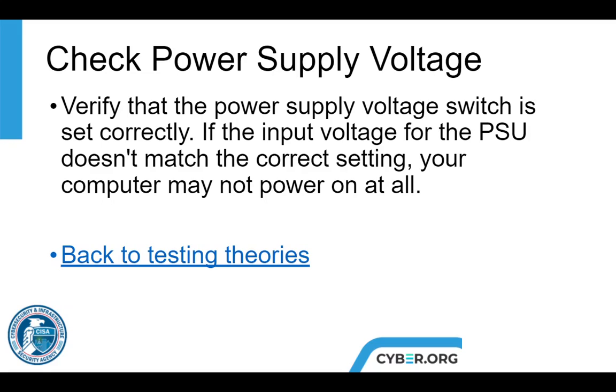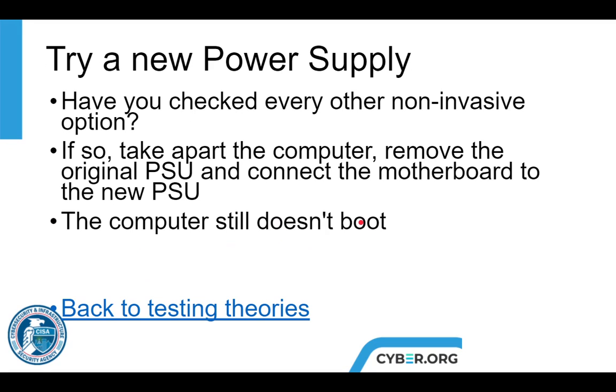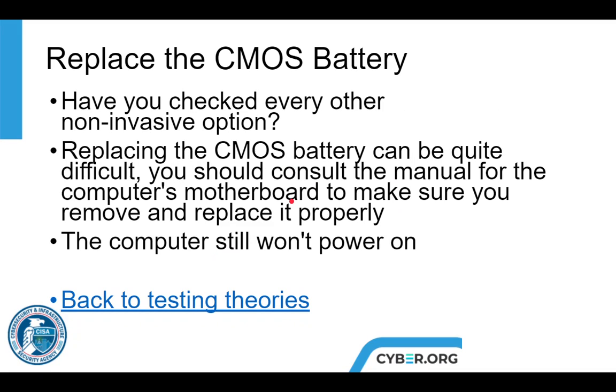The monitor's getting power. But in this case, we know there's no power to anything else. So we could probably skip this one at this point, but I do want to point out why that's on this list. We try a new power supply, right? So maybe that was it. Maybe the power strip was not working. However, we did also try plugging directly into the wall, so probably not. So changing the power supply, which we probably needed to do anyway, it was getting old.